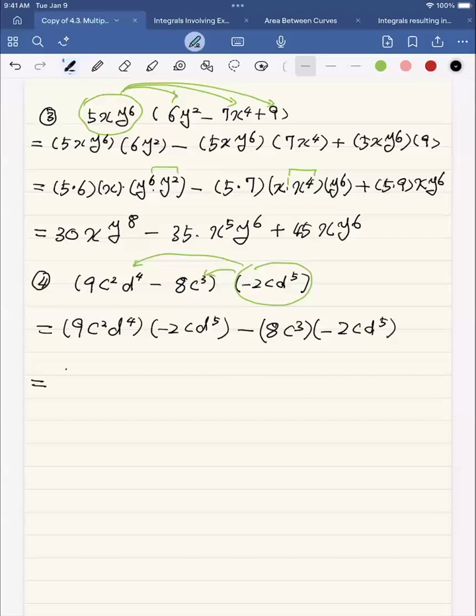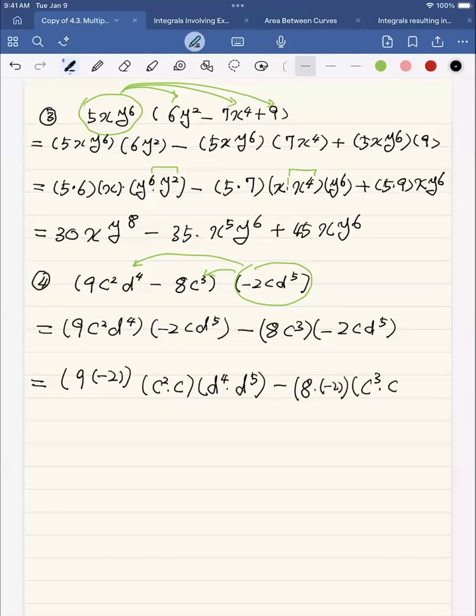Numbers together, so that'll be 9 times negative 2 times c squared times c times d to the 4th power times d to the 5th power, minus 8 times negative 2 times c cubed times c times d to the 5th power.